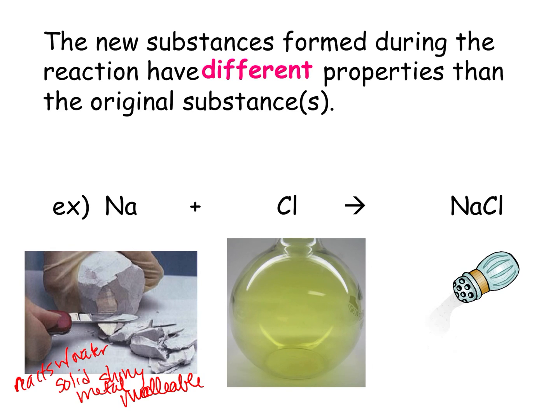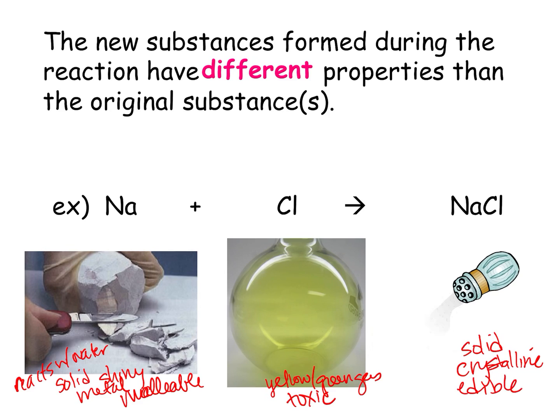Chlorine gas, it's yellow-green gas. It's toxic. And table salt is solid. It's crystalline. So little crystals. And it is edible, meaning it is non-toxic. So notice that a chemical reaction can totally change the properties of what you're dealing with.